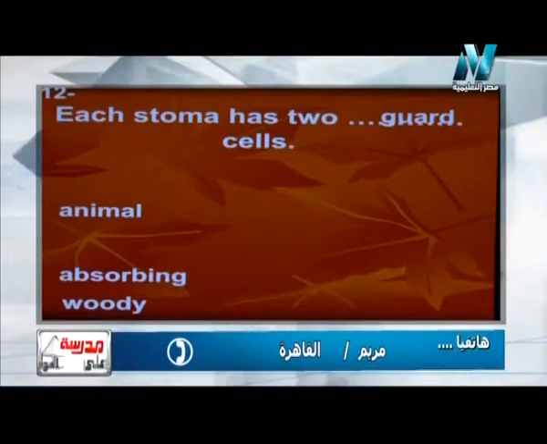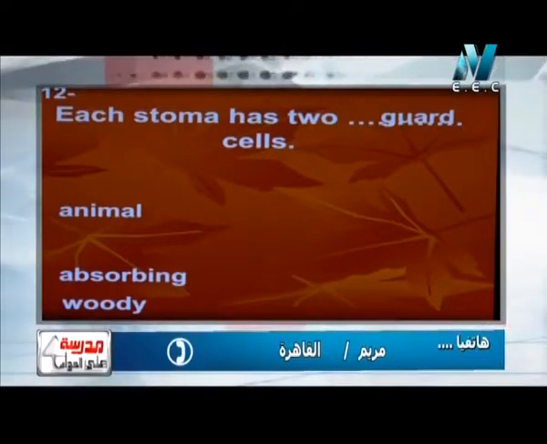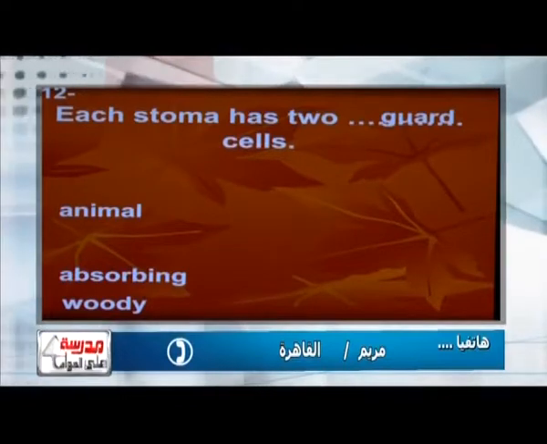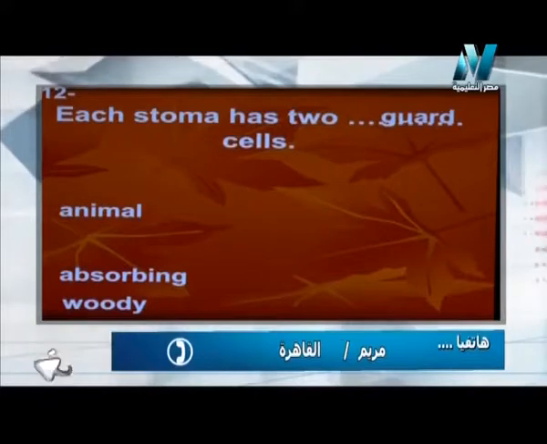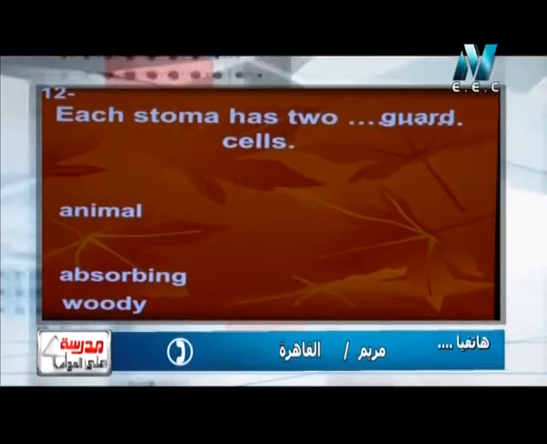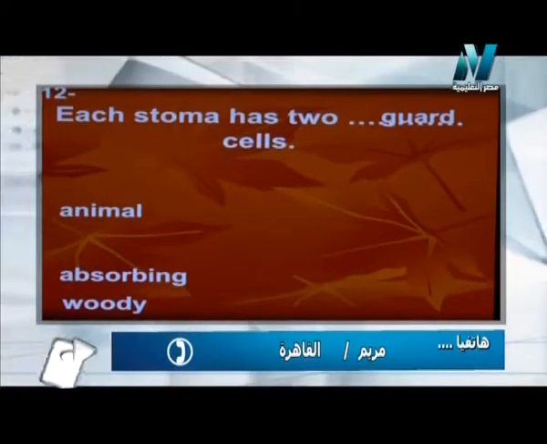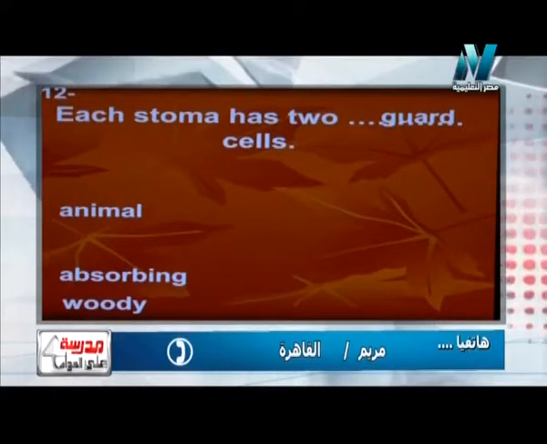They help in losing water in what process? In the transpiration process. Excellent, Mariam. Stomata is the plural and stoma is the singular. Each stoma helps in losing excess water from the plant leaves through the transpiration process.